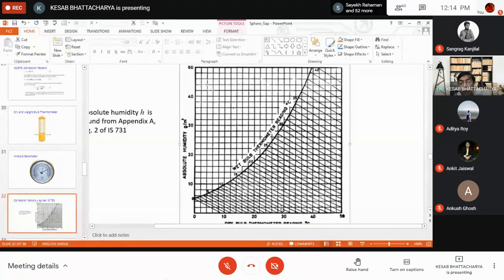You have to find the point where these two lines intersect. So this is the 20 line and this is the 30 line for dry bulb thermometer reading. They intersect at this point. After finding out their intersection point, you have to move horizontally to meet the vertical axis showing the absolute humidity in gram per meter cube. So you will get only one value corresponding to today's dry and wet bulb thermometer reading.